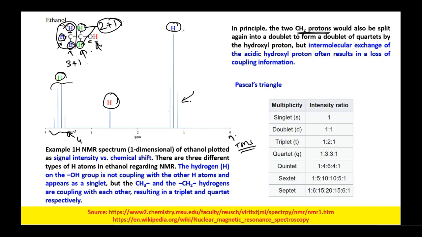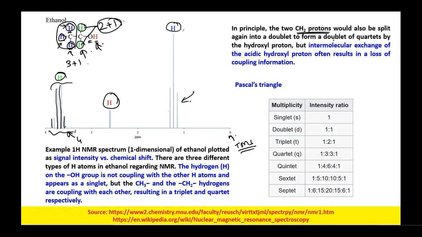However, this red hydrogen would also have interacted with these 2 hydrogens, and each of these peaks would again have had 2 peaks, but that is not the case.